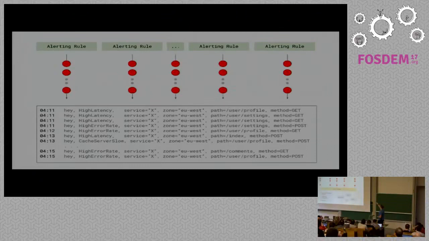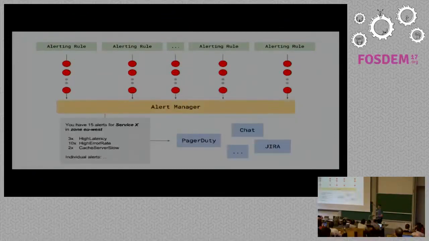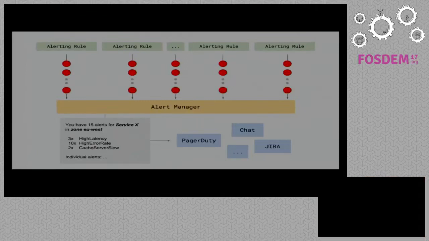So the alert manager sits in between this and receives all this stuff and tries to group it. So if you have a certain service and have several alerts defined acting on the service, the alert manager knows how to take all these alerts belonging to the same service and put them into one notification.